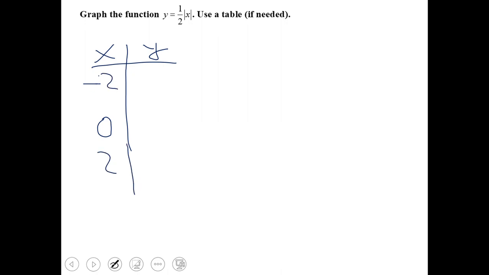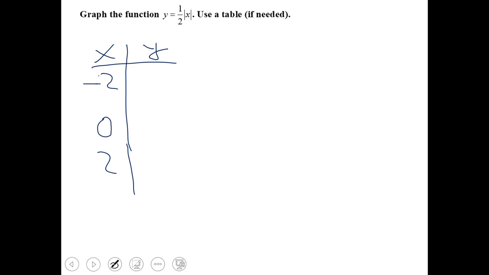Why these 3 numbers? 0 is a good one to start most of the time on any function or any equation, and 2 and -2 are even numbers, multiples of 2, and it's gonna work nice with that fraction 1/2.